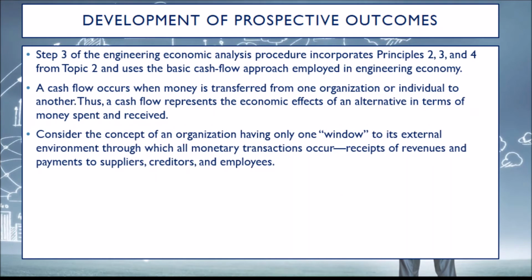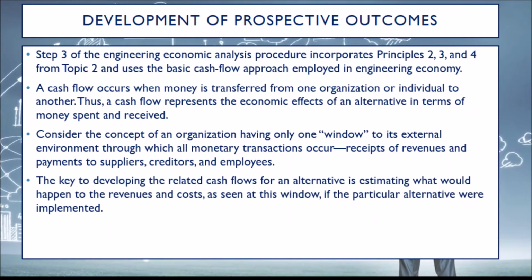Consider the concept of an organization having only one window to its external environment through which all monetary transactions occur: receipts of revenues and payments to suppliers, creditors, and employees.